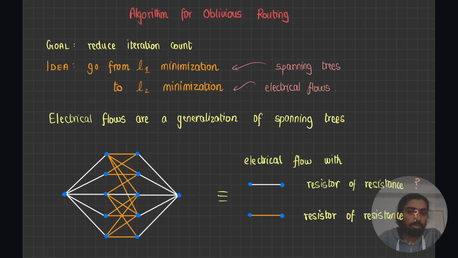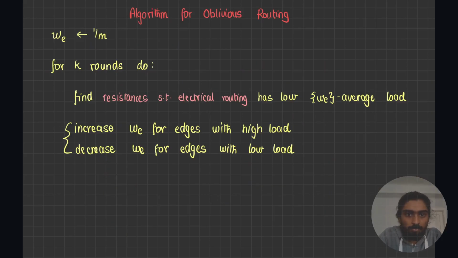Suppose I set the resistance of every edge which doesn't belong to the spanning tree to infinity, and the resistance of every edge which belongs to the spanning tree as 1. Then it's not very hard to see that routing electrical flow along this resistance network is the same as routing along the spanning tree. So now essentially what we are allowing is the resistances to be something other than 1 and infinity. This gives you general electrical flows, right?